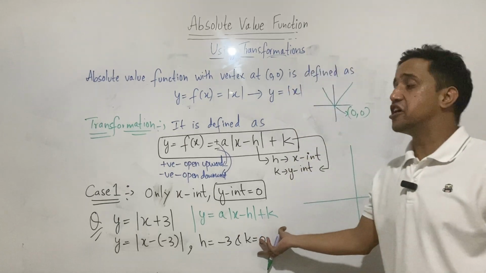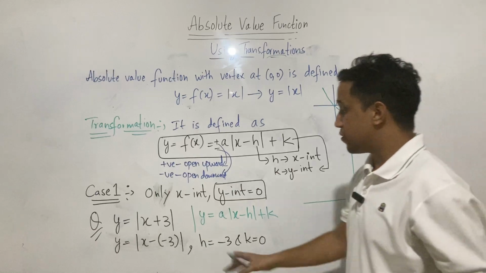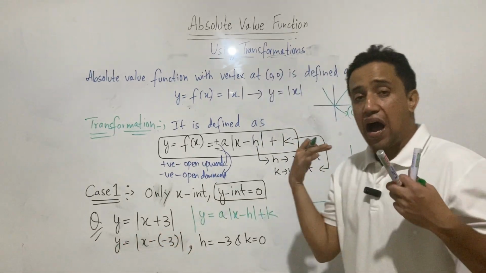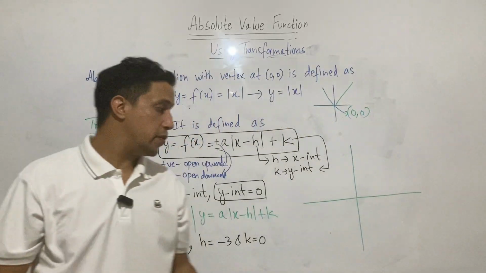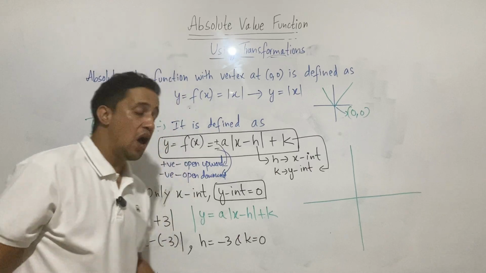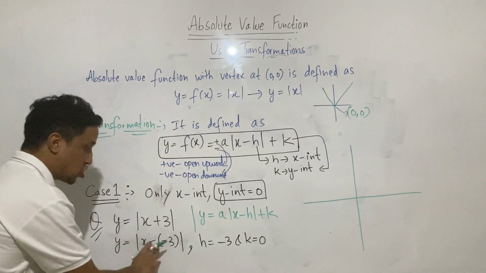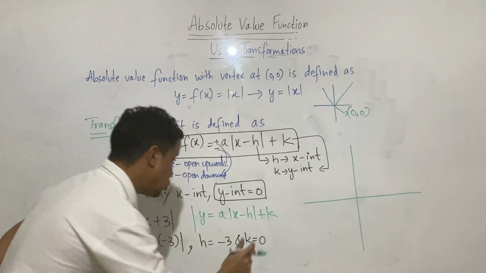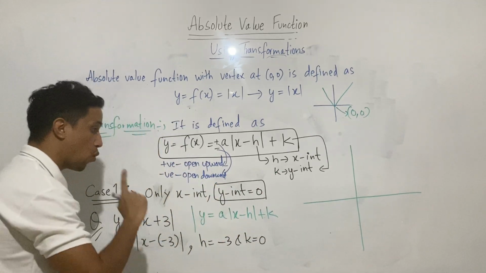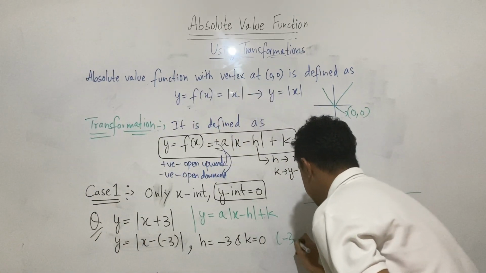So it means my vertex, when I sketch the graph of this, is for sure not going to be at 0, 0. Now we are shifting the vertex to where? We are shifting the vertex to minus 3, 0.